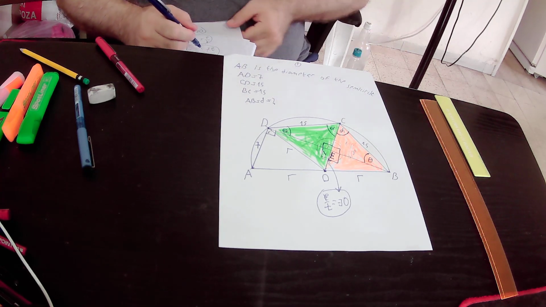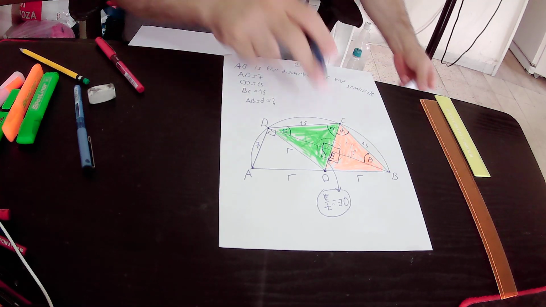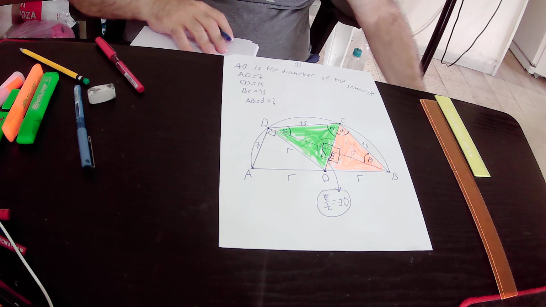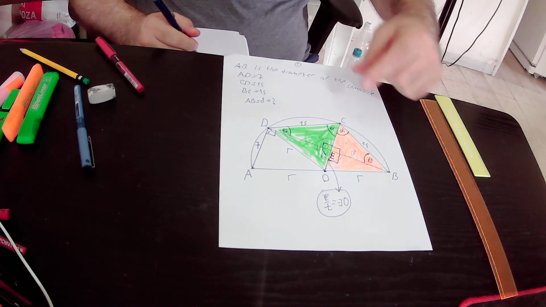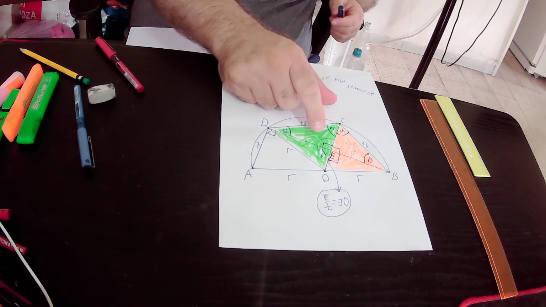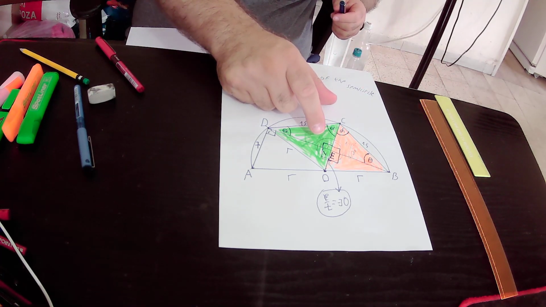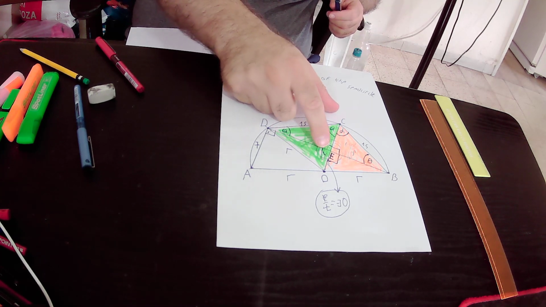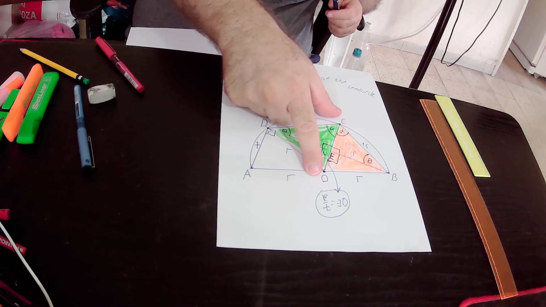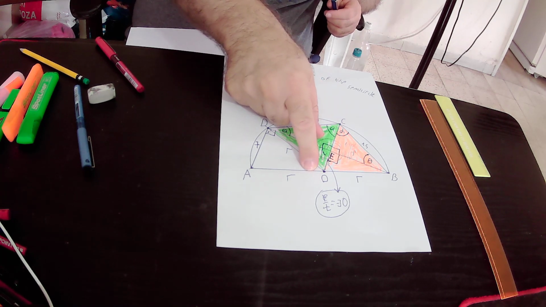And what is the value of EC? EC equals OC minus OE. Again, EC equals OC minus OE.